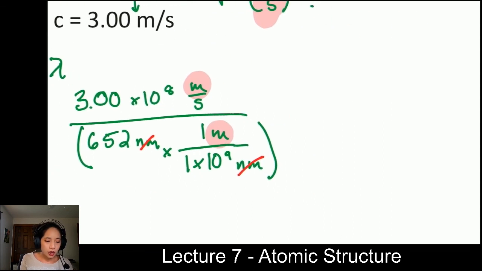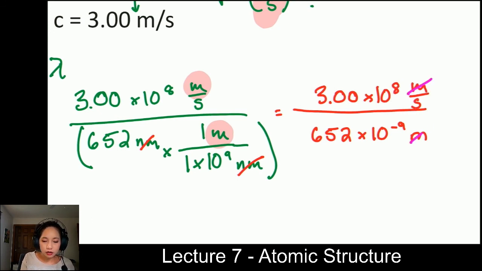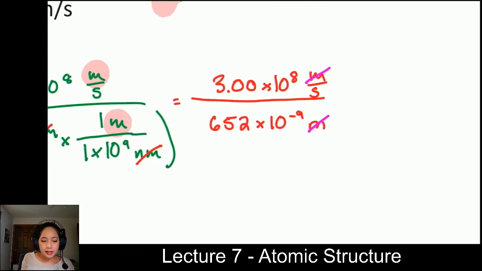I'll just do the bottom portion, the denominator math. So that's meters over 3.00 times 10 to the 8th meters per second, and you'll see that meters cancel. Then we are left with the 1 over seconds that we need to have frequency.